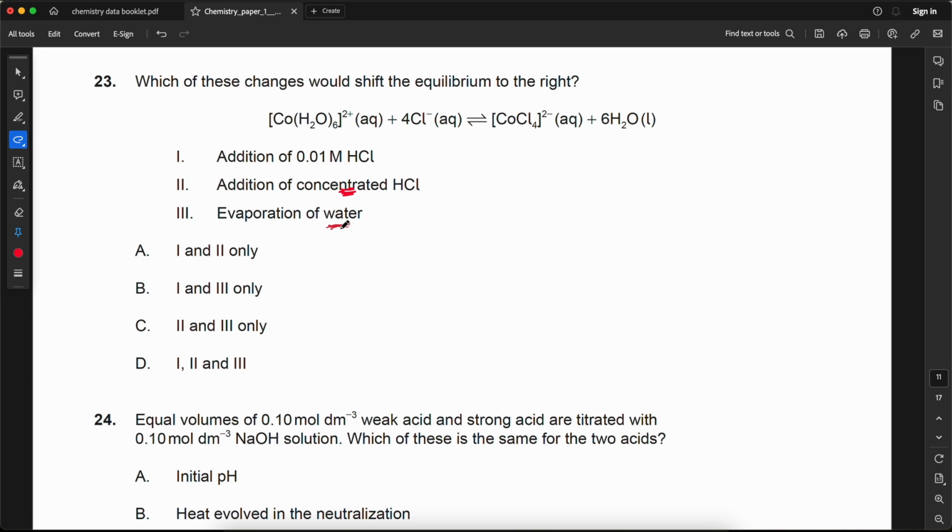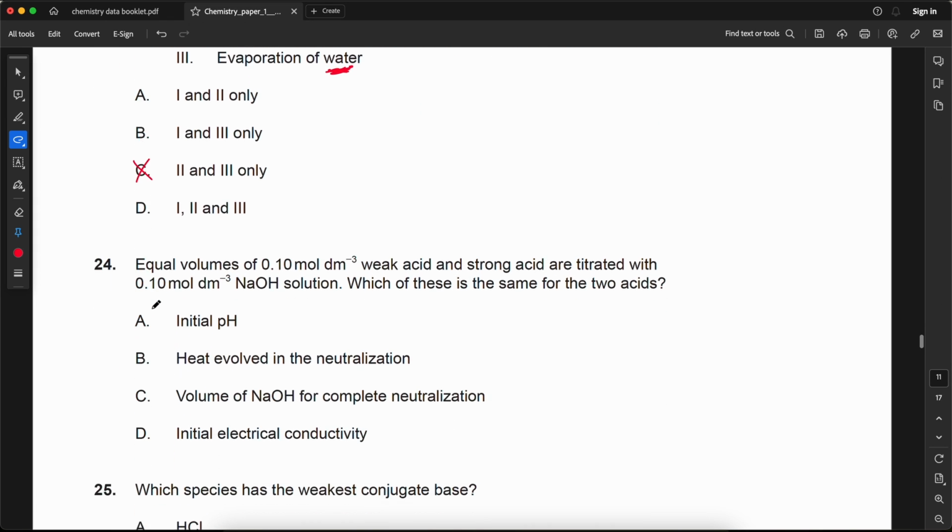Evaporation of water will reduce the amount of water, and we have water on the product side. If the concentration of product decreases, it will shift to the right. Even though it is in liquid form, once liquid is evaporated, it will reduce the whole volume of solution and increase the concentration. So the answer will be 2 and 3.